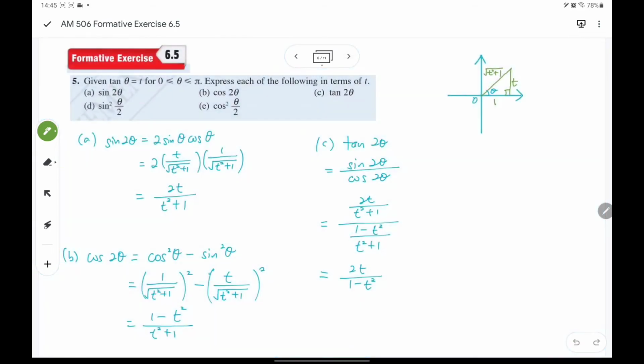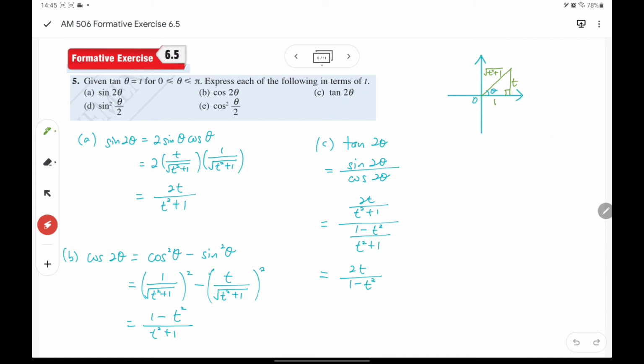Next, number 5. Given that tangent theta is t, for theta from 0 to pi, express each of the following in terms of t. Regardless of the value of t, whether it's positive or negative, it will always be true. We first put it in the first quadrant.